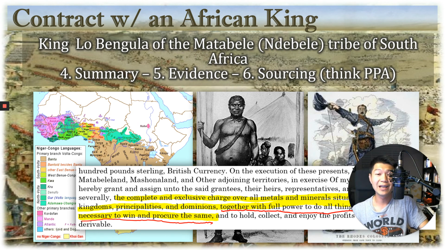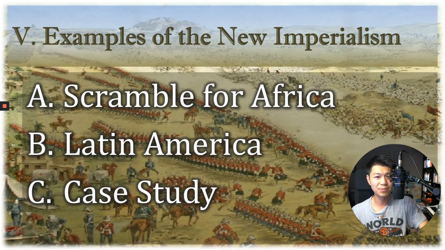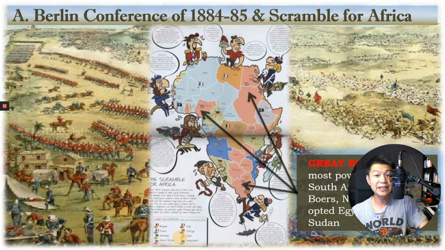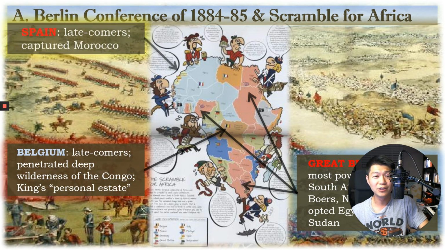And that is one of the examples of the new imperialism, whereby with all of these advantages, the European powers are able to come together, realizing, look, the natives will not resist that well. And so they were able to come together outside of Britain, that is, through what is known as the Berlin Conference, and divide up Africa so that they're not fighting against one another over these particular colonies.